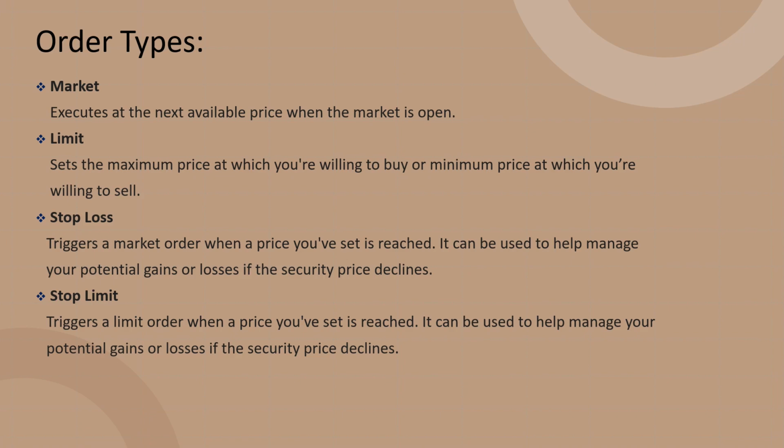The second option is a limit order, which is much safer and is the most popular. It sets a maximum price at which you are willing to buy or a minimum price at which you are willing to sell. Let's take the example of Apple itself. Now it's trading around 150, and say you want to buy 100 shares of Apple, but you don't want to go beyond 154. Currently it is trading at 153.